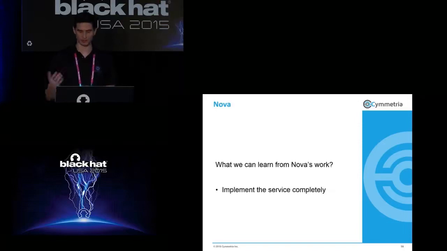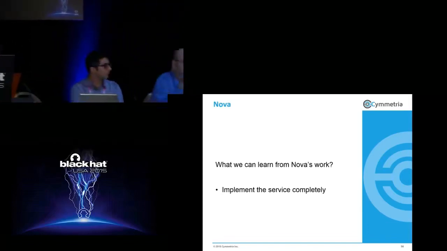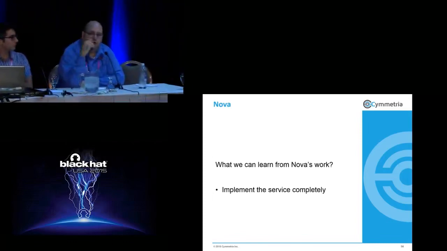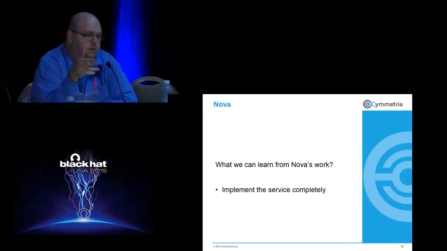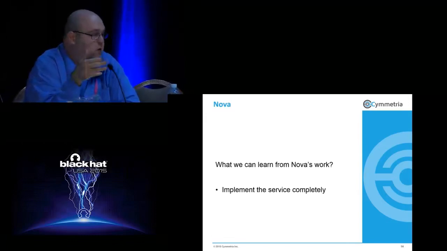And what we can learn from Nova's work is that implementing one service completely is also not enough. You have to have a set of services that make the machine look reasonable, make sense, right? The main difference really here that we need to think from, let's just stop for a minute and think about the attacker. So we talked about services, right? We talked about going from regular ports to starting to implement them, making sure the implementation looks real at the very least, so you have to go through something.